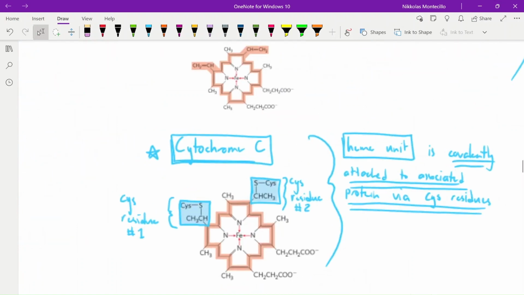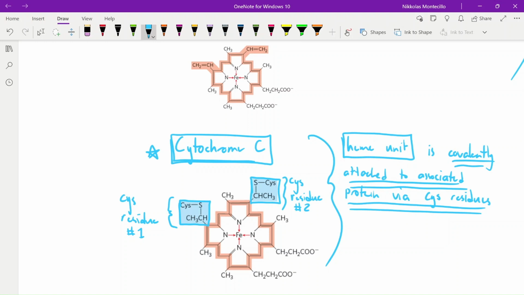Now for cytochrome C, the heme unit here is covalently attached to its associated protein through a cysteine residue. So a cysteine residue covalently attaches to heme C via sulfur bridges. Yeah, that would make sense.